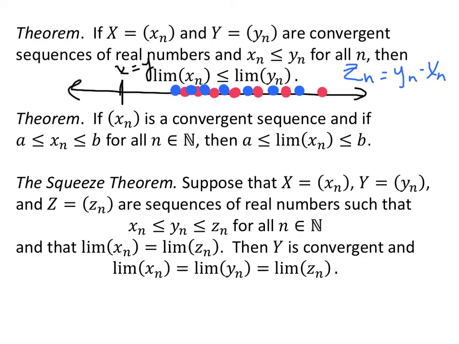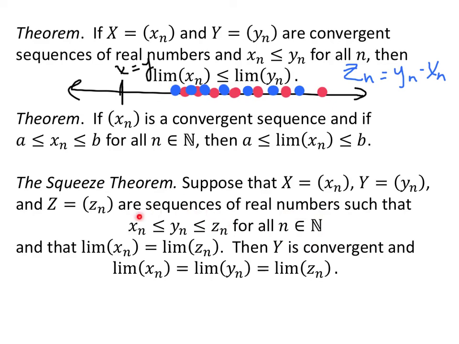Alright, so here's the big guy. Not terribly surprising, it's called the squeeze theorem. You give me three sequences, and they satisfy this inequality: x sub n is less than or equal to y sub n, which is less than or equal to z sub n, for all n. Now when I say for all n, maybe it's not exactly for all n, but for all n past a certain point. We talked about tails in section 3.1.